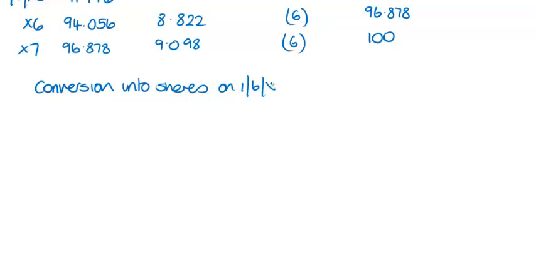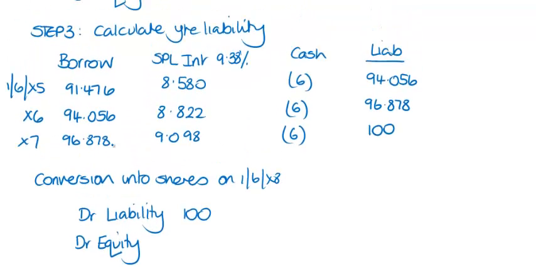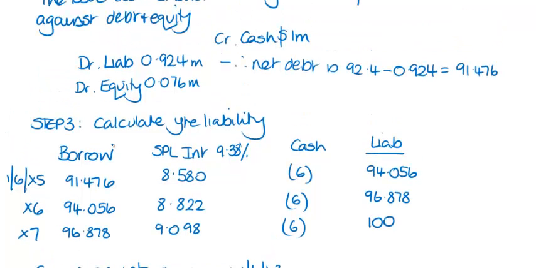On the 1st of June, X8. What's going to happen here is we're going to debit our liability with 100. We're going to debit equity. What figure have we got in equity?